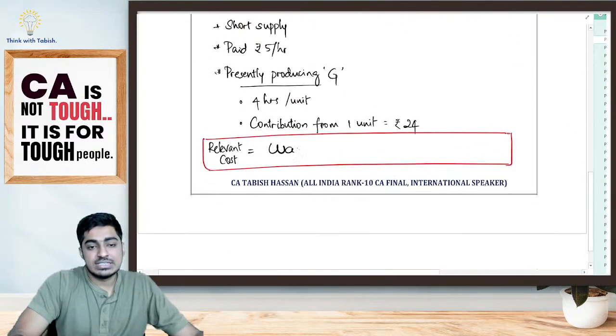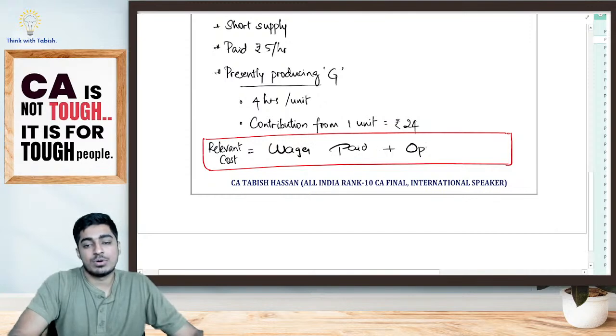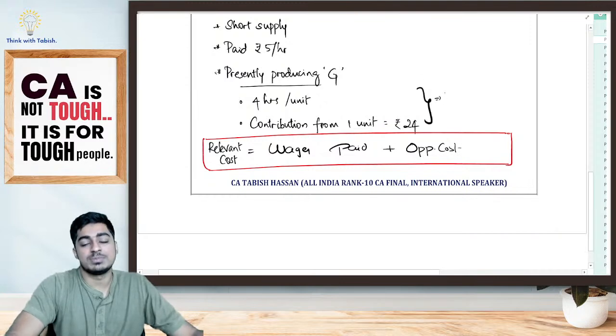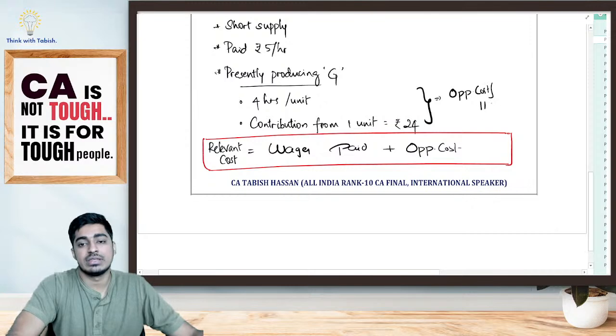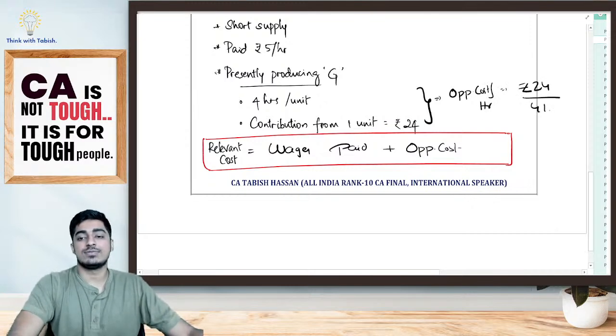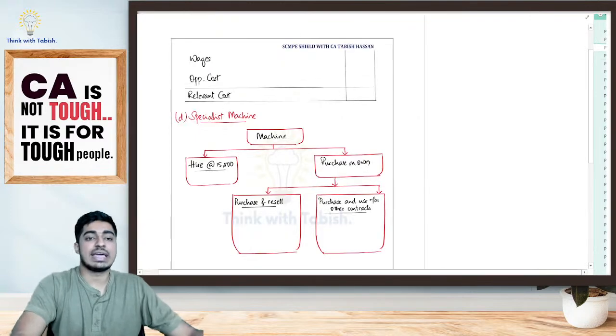It is the wages paid plus the opportunity cost. And what is the opportunity cost per hour? Altogether 24 they are getting from G in 4 hours. That means it is 6 rupees per hour. So based on this, I will do my calculations.